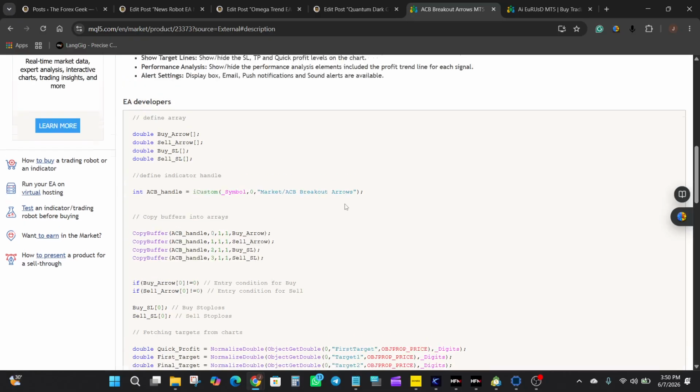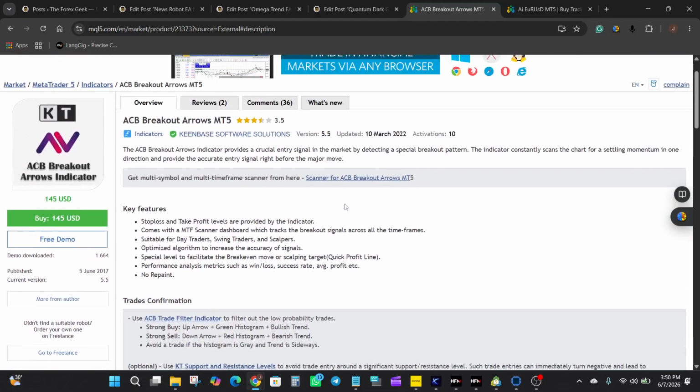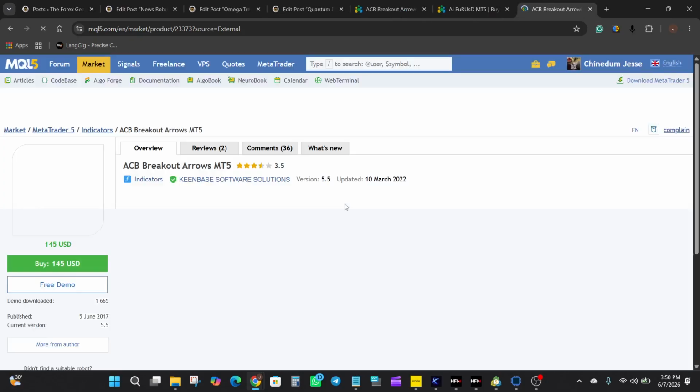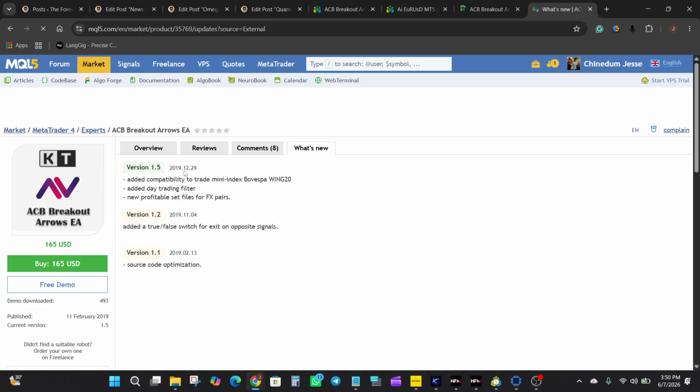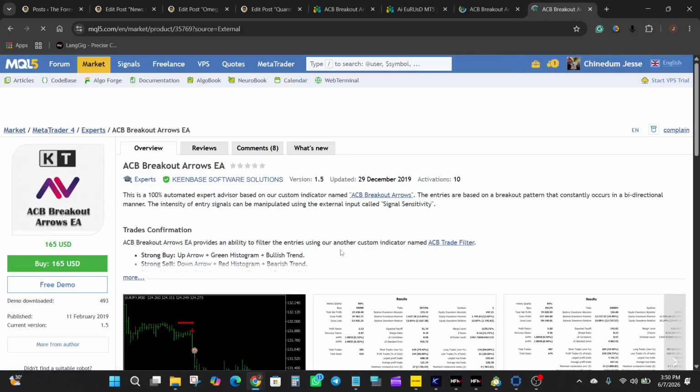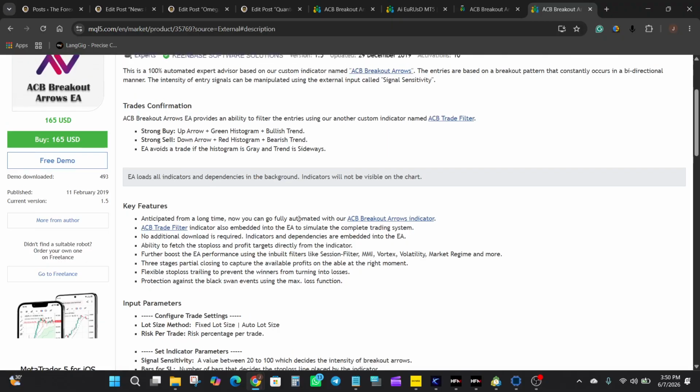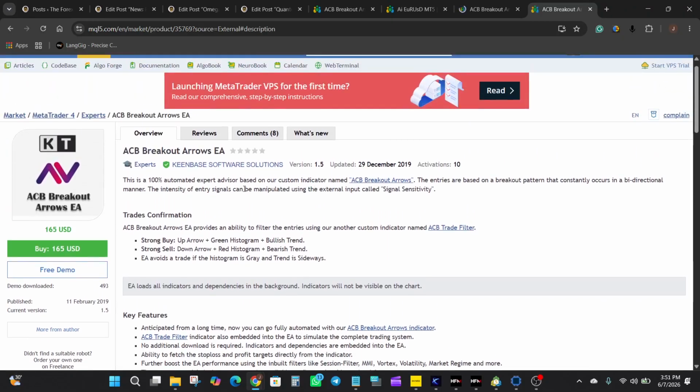But let's quickly open the MT4 expert advisor as well. You can see now that the expert advisor is actually based on this indicator that we just discussed.